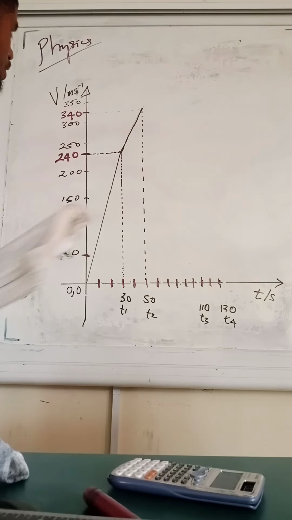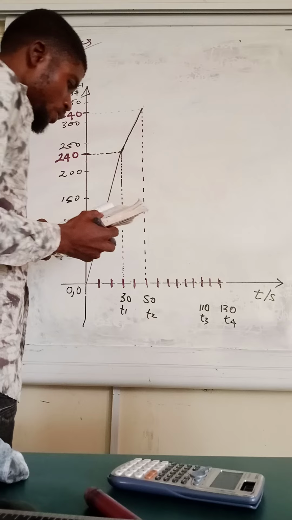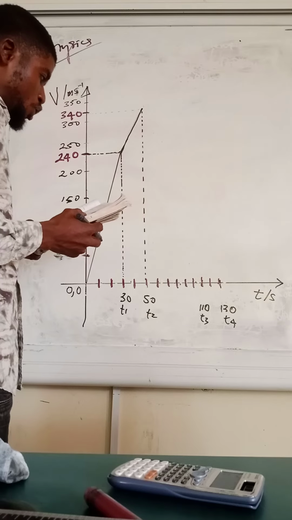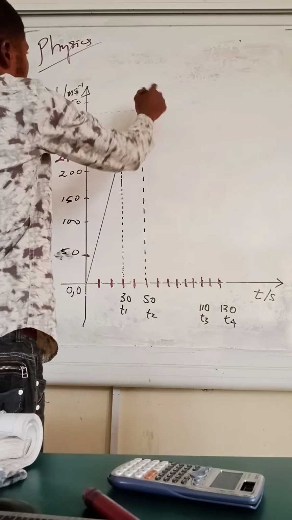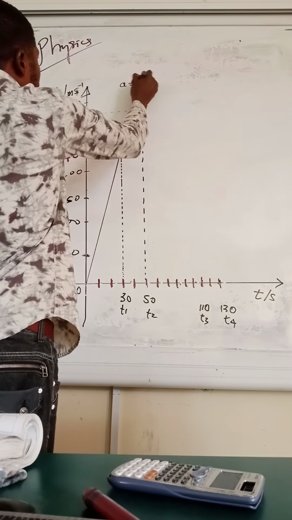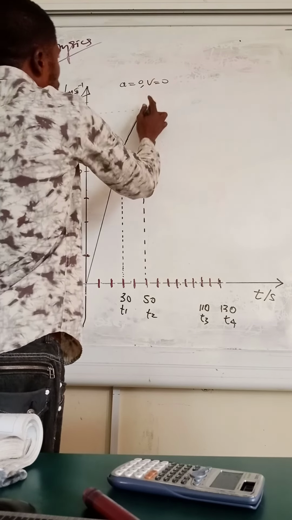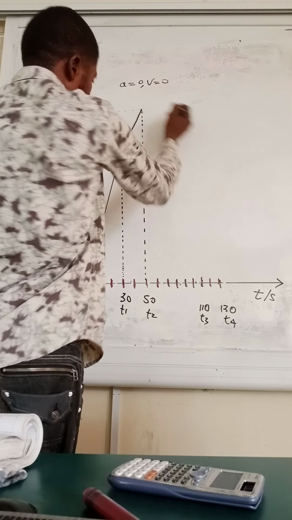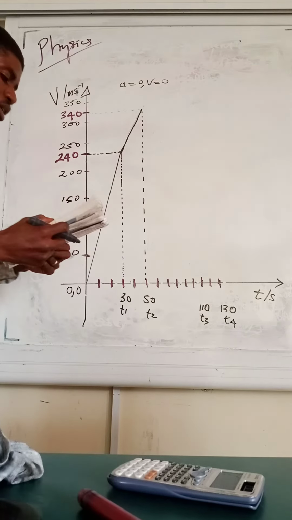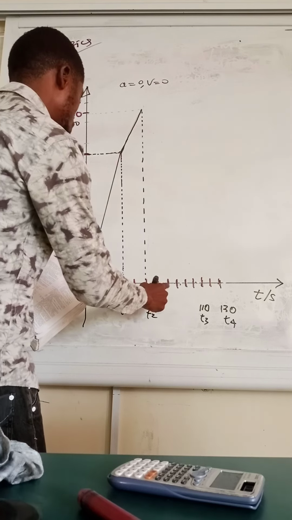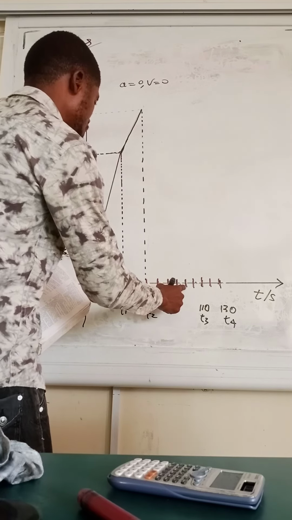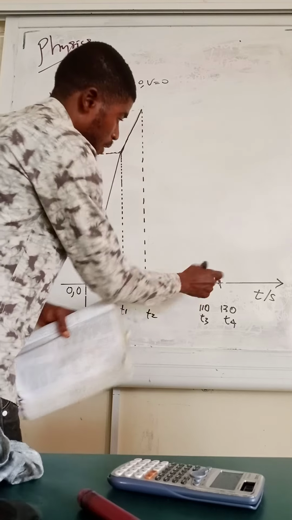And then let's read again. The body maintains this speed for 60 seconds. It now maintains a constant speed where you have A is 0. Constant speed for what? For 60 seconds. Let's count: 10, 20, 30, 40, 50, 60.